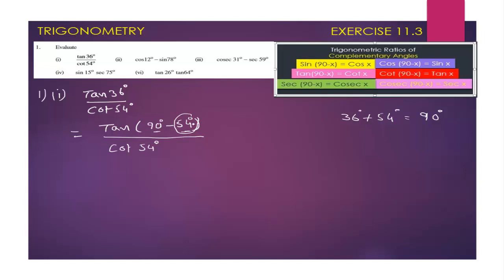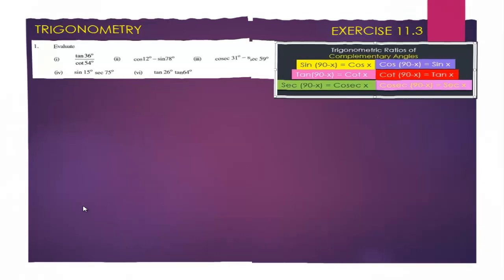So tan of 90 minus 54 is cot 54 degrees, divided by cot 54 degrees in the denominator. The numerator is cot 54 and the denominator is also cot 54, so both get cancelled. It remains 1. Therefore tan 36 by cot 54 equals 1. That's it. Let us see the next problem.